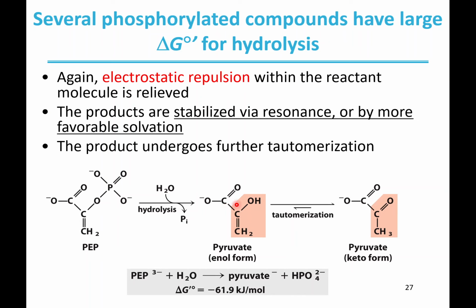The enol form could theoretically get the phosphate group back, but because it tautomerizes into the keto form, you don't get that backwards reaction. Because of all of these factors, this hydrolysis of PEP, phosphoenolpyruvate, has the highest delta G naught prime known, at least in biochemistry, negative 61.9 kilojoules per mole.